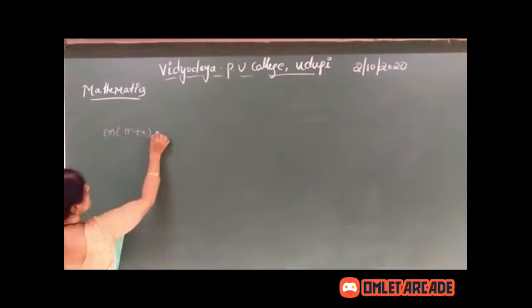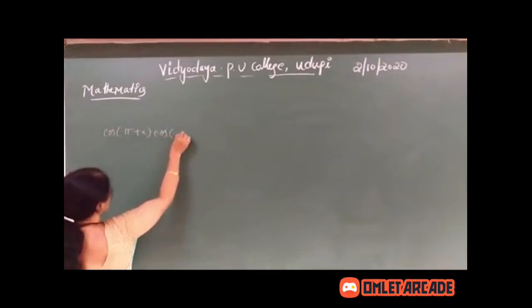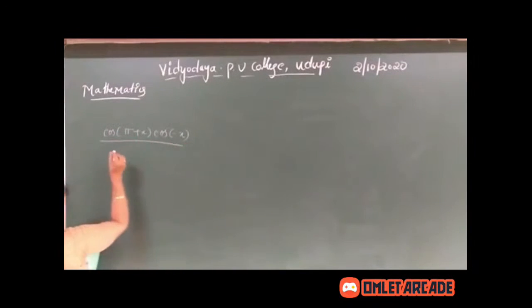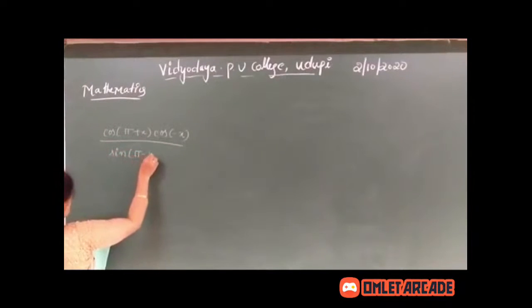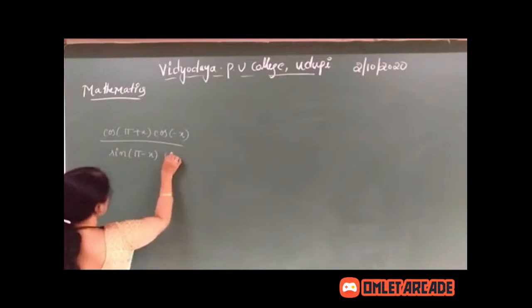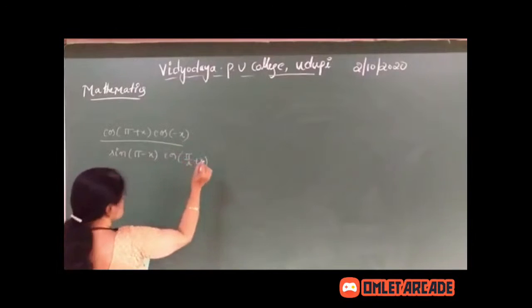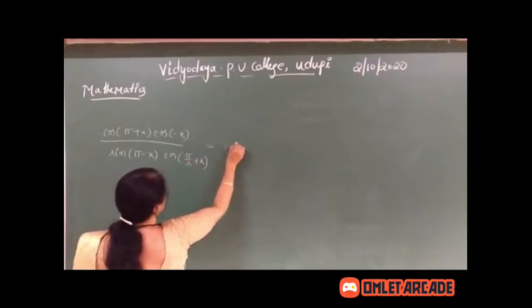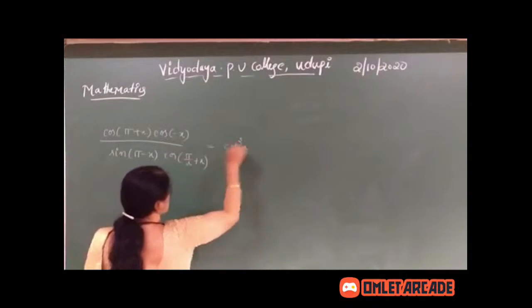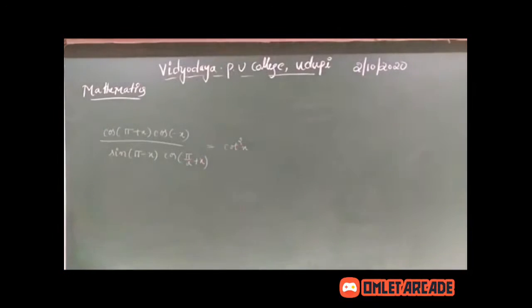Next one. Cot of 180 plus x into cos of minus x by sin of pi minus x into cos of pi by 2 plus x. So this we have to prove is cot square x. This is again simple. See, first you say in which quadrant it lies.